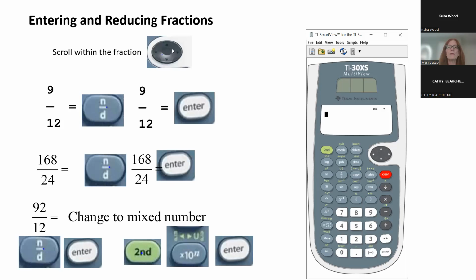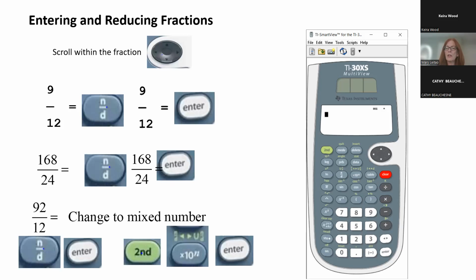An important button to remember is this scroll button, which scrolls up, down, left, or right. It's the biggest button over here. When you're in a fraction or moving within a mixed number, you'll have to use that to move around. And I'll demonstrate that now.